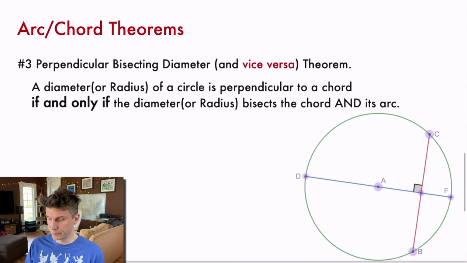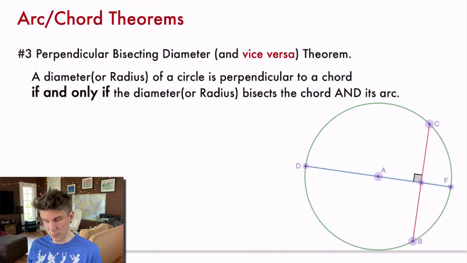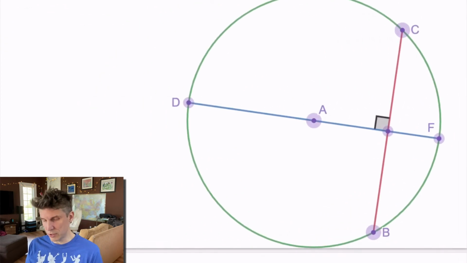Next one, perpendicular bisecting diameter theorem. Okay, so it turns out that if you have a diameter that's perpendicular to a chord, automatically you can assume that it's not only perpendicular, but it's also a bisector. So on this diagram, when you look here, you can say, all right, well, look at that, diameter DF is perpendicular to the chord.